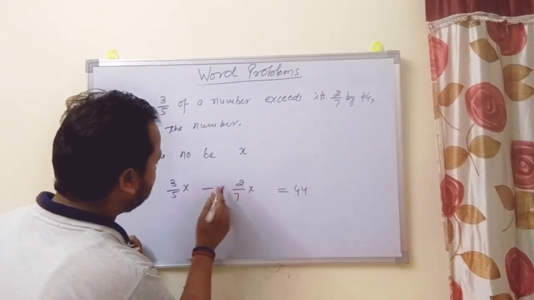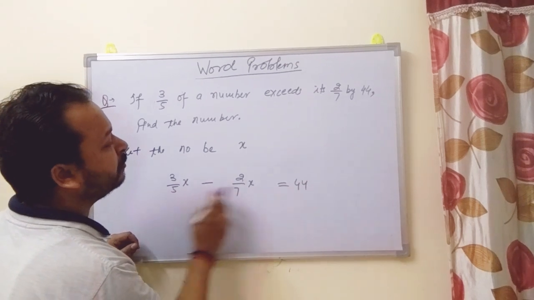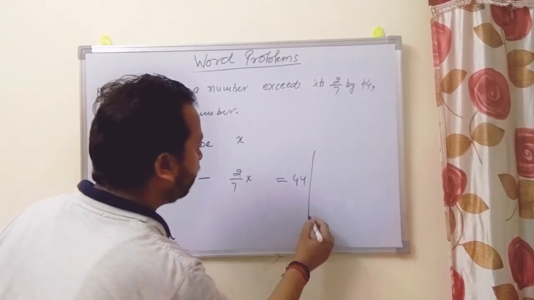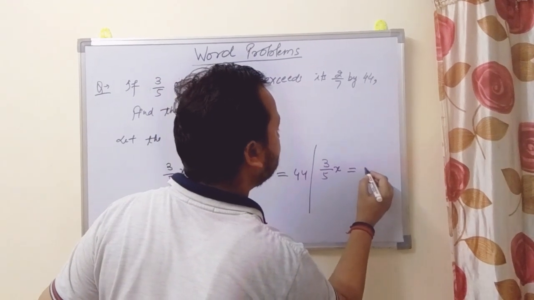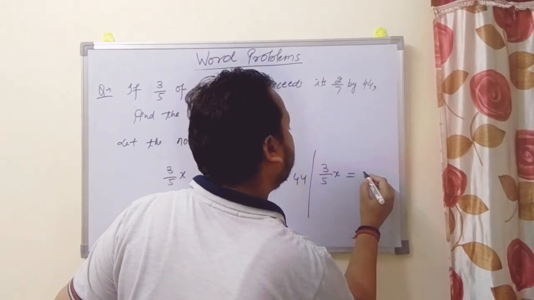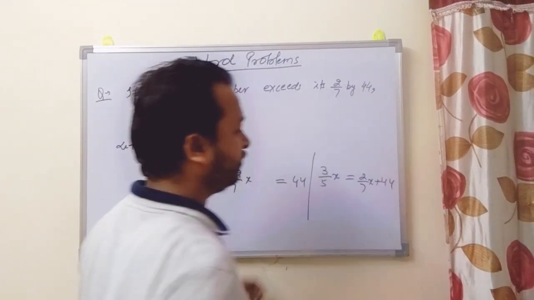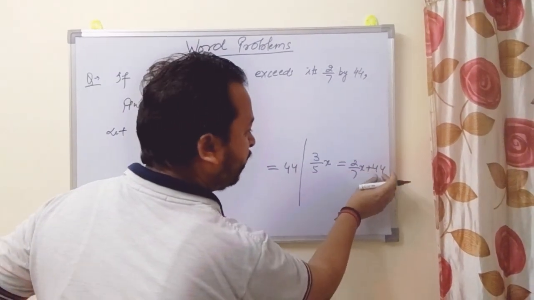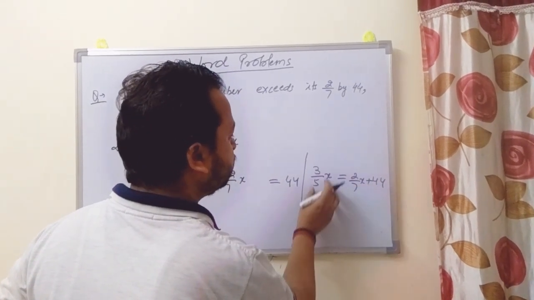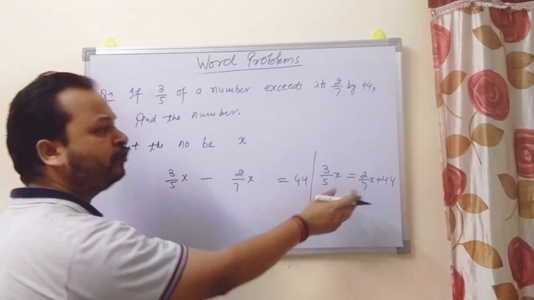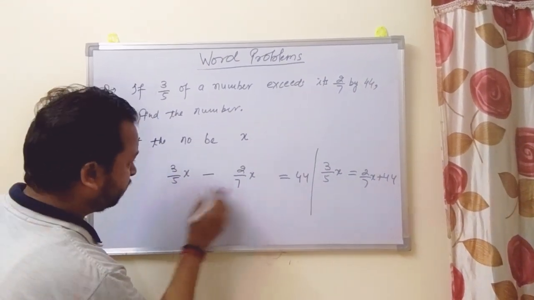Either you can subtract 2 by 7 of x from 3 by 5 of x and you will get 44, or you can say 3 by 5 of x equals 2 by 7 of x plus 44, right? If you add 44 to 2 by 7 of x, it equals 3 by 5 of x. So you can do it either way.